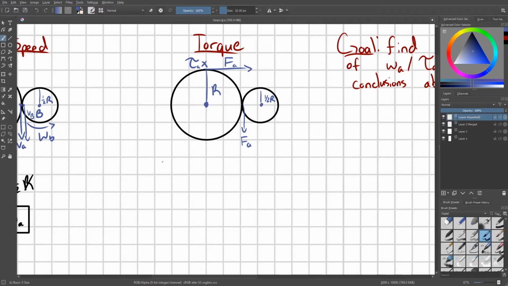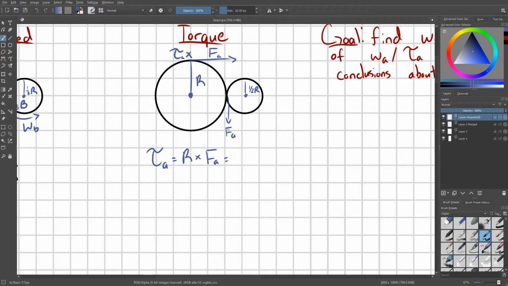So, let's go ahead and define what TA would be. That is the cross product between R and Fa, which ultimately simplifies to, and we'll say in the negative direction, because it's pointing into the page, negative R Fa.